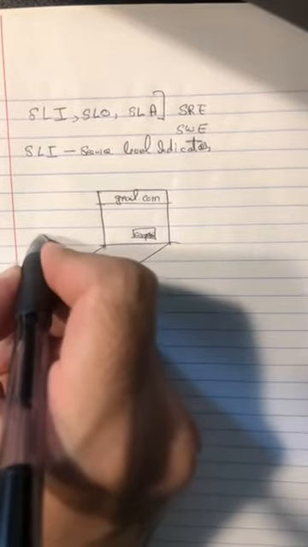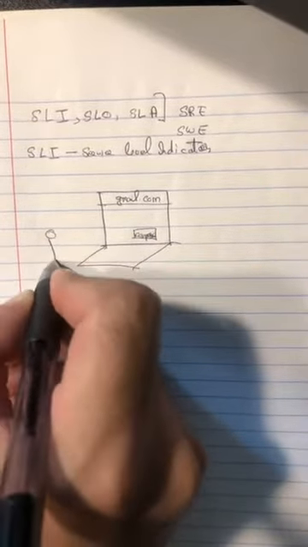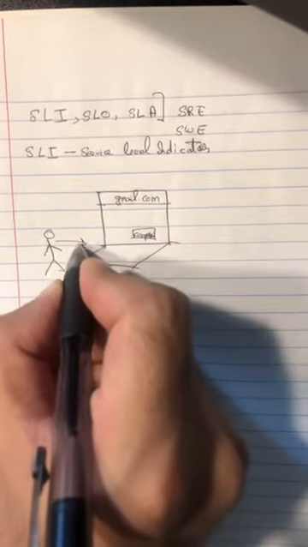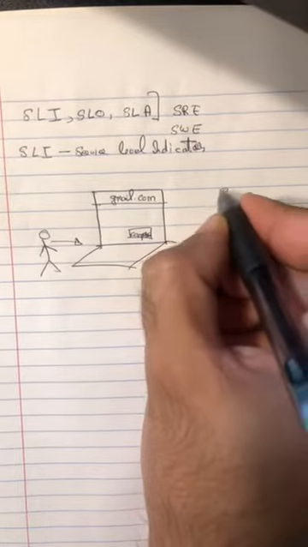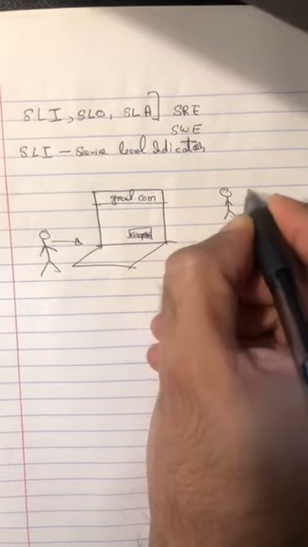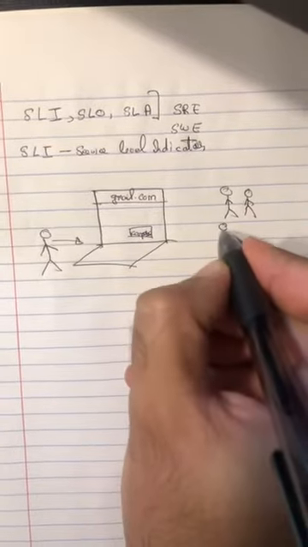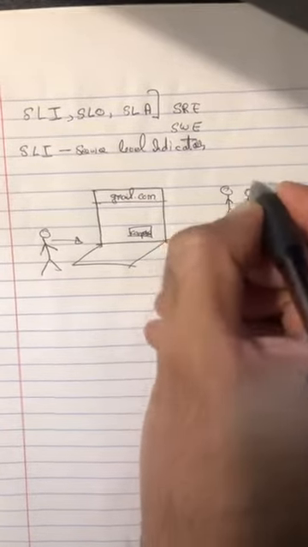Now as you can see, there is the user here who's gonna use Gmail, and at the back end there is a team of the company, in this case Google, but any company which has created the product. So this is a team.